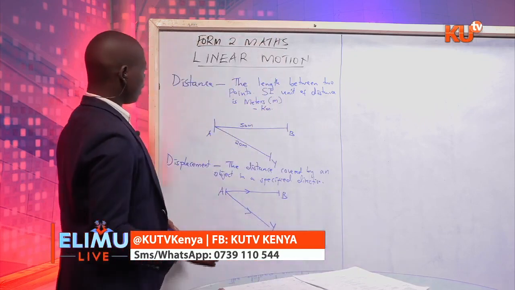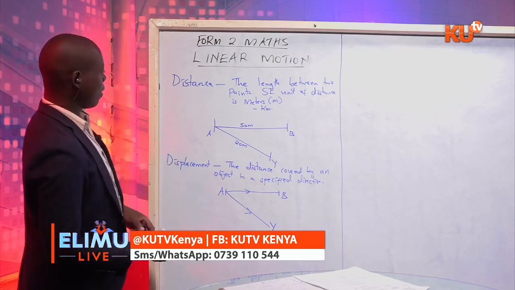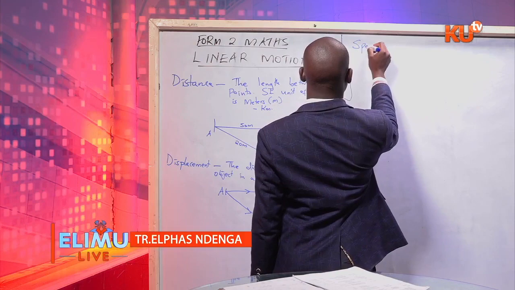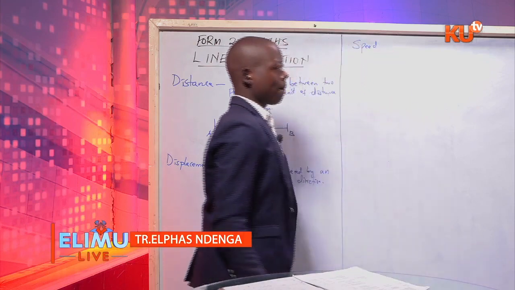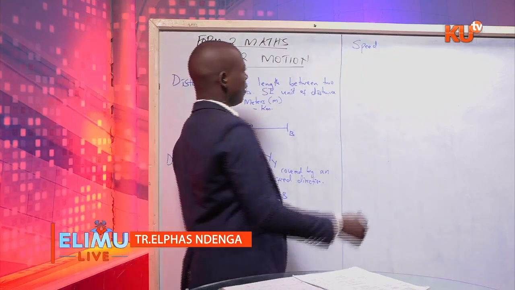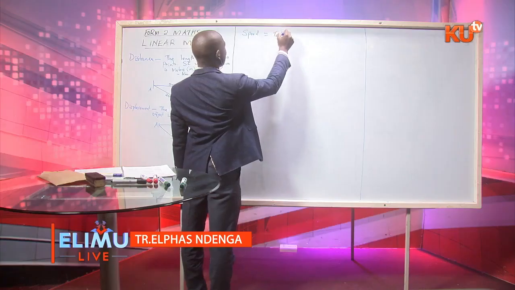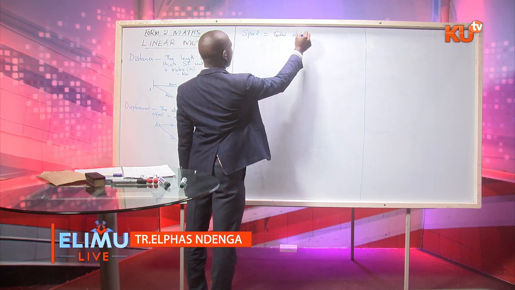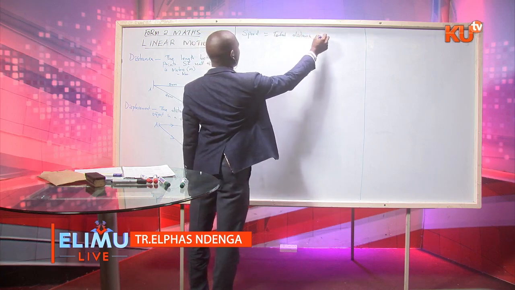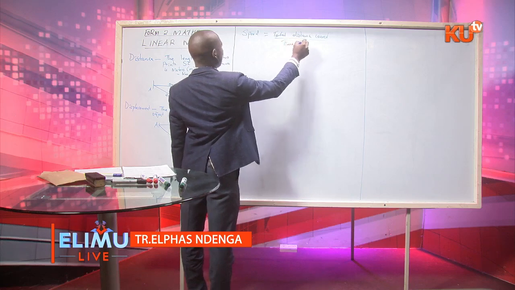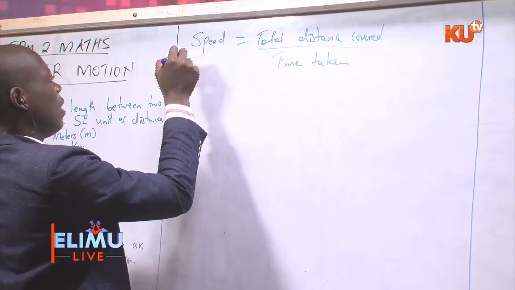And that is what brings in, when you're discussing distance, we now talk of what we call speed. And speed is simply the total distance covered, we divide by the time taken, or rather what we call the average speed.